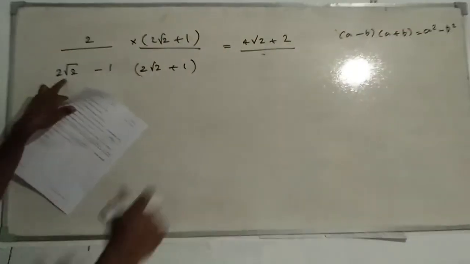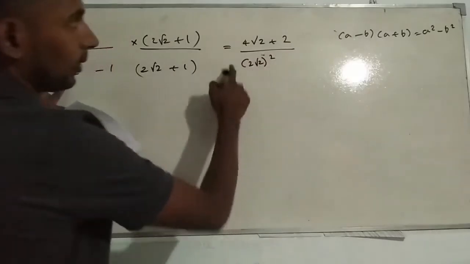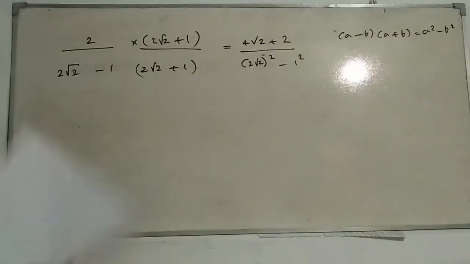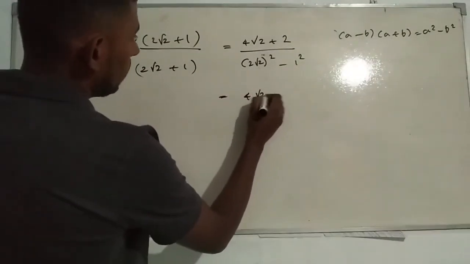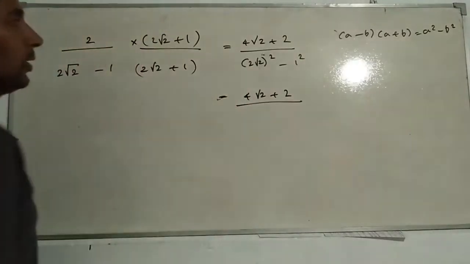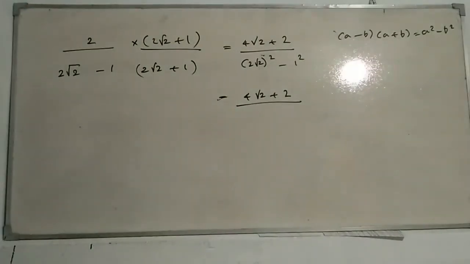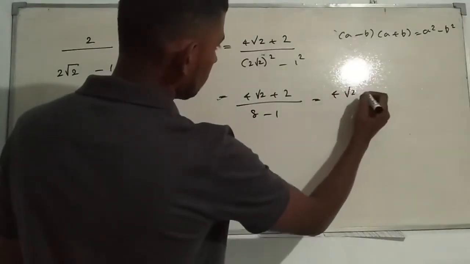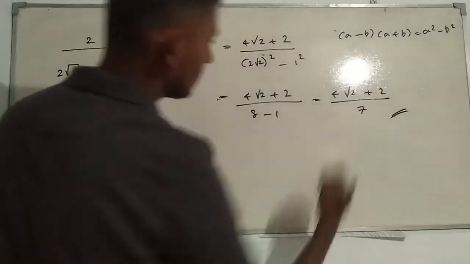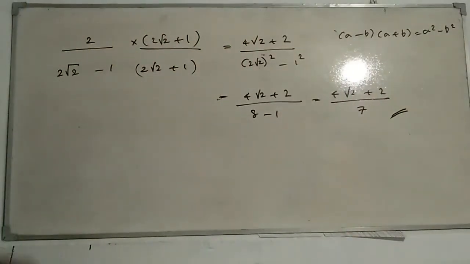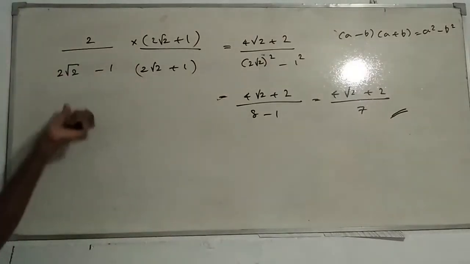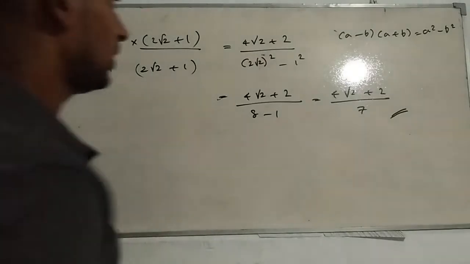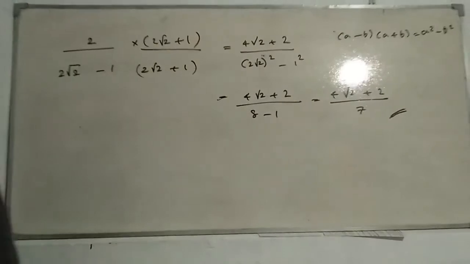Likewise, we can write (2 times root 2) squared minus 1 squared. Then 4 times root 2 plus 2 over, what is 2 times root 2 squared? That means 8 minus 1. Finally, 4 times root 2 plus 2 divided by 7. That is our final answer. So after we rationalize the denominator, we get this answer, right? We can't actually simplify this any further. So this is our final answer.